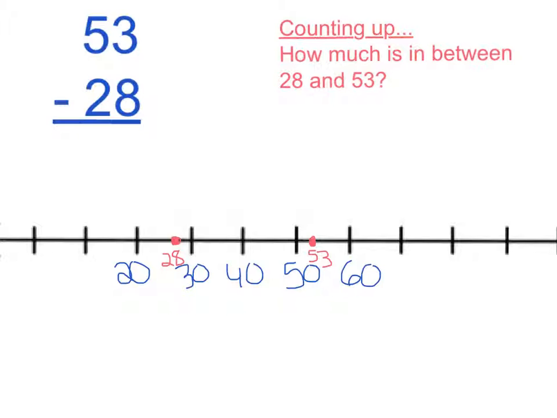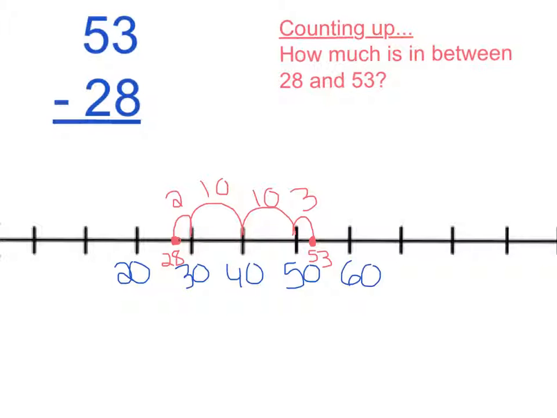What I like to do is first jump to my first tens value. From 28 to 30, I would have to jump 2. And now I can jump by tens. From 30 to 40, I jump 10. From 40 to 50, I jump 10. And then from 50 to 53, I jump 3.